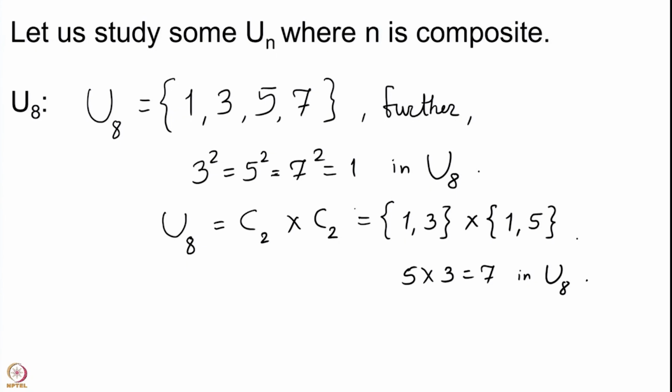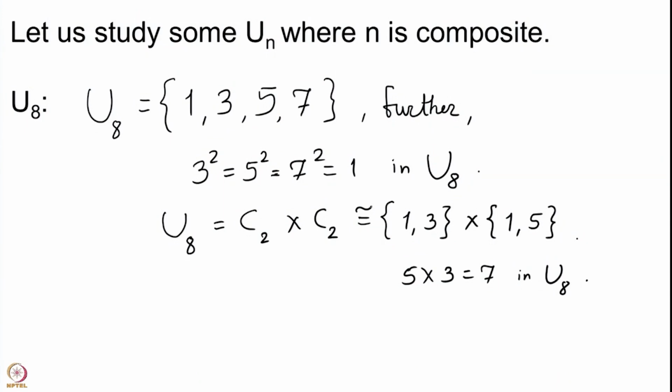So, there is a natural map from the product of these two subgroups to the whole group U8, which gives you that U8 is an internal direct product of these two subgroups. So, U8 is C2 cross C2.